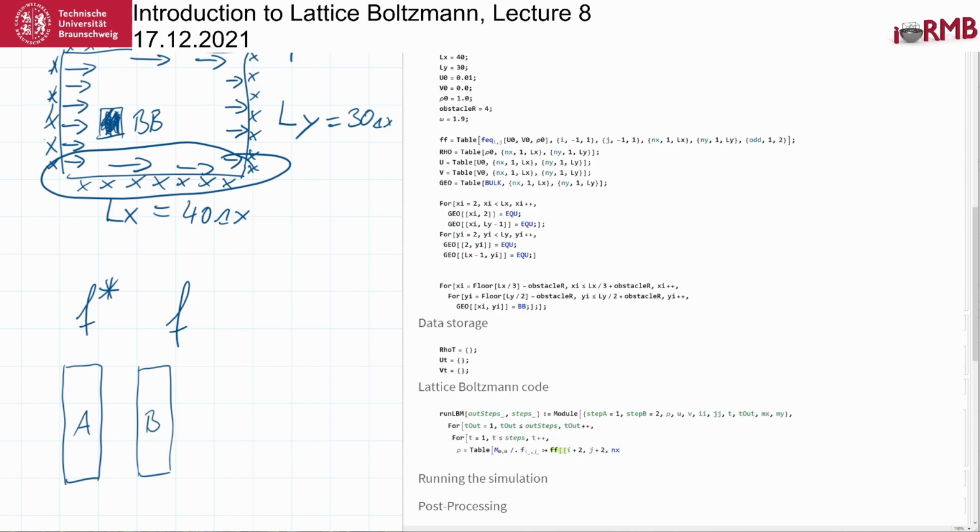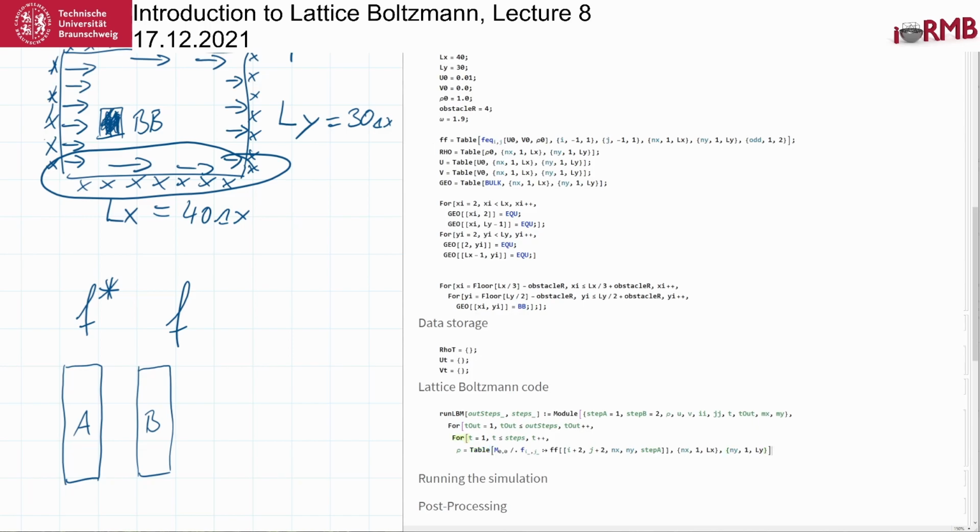Then we go over nx, ny. We have to extract one of the two arrays that I specified here as A and B, and we take the array A in this case, and we generate this over nx from 1 to lx and ny from 1 to ly.